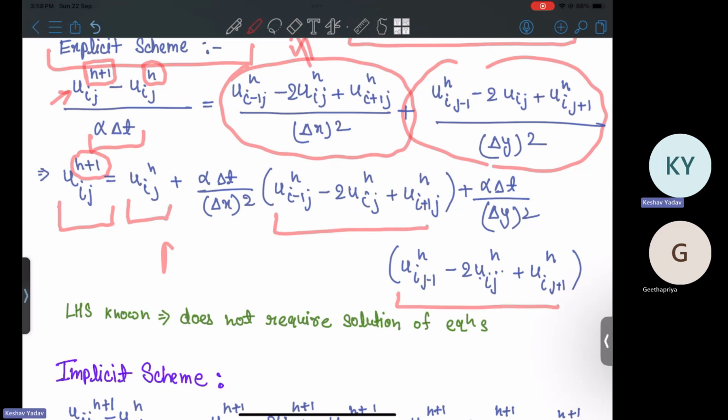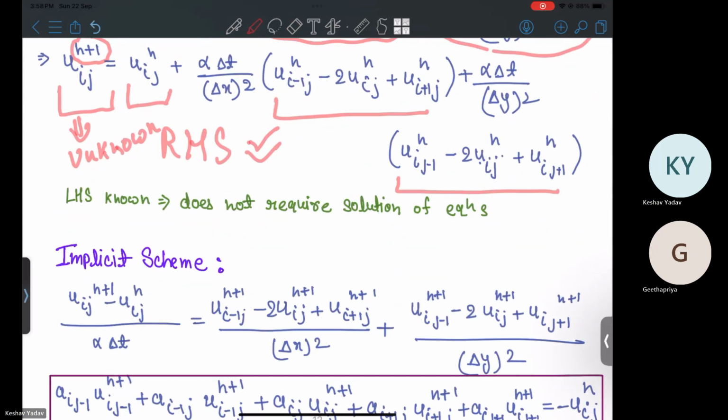So the RHS is completely known, only the LHS is unknown. So we do not require any solver to solve this problem. We can directly put the known values here and get the value at n plus 1th time.